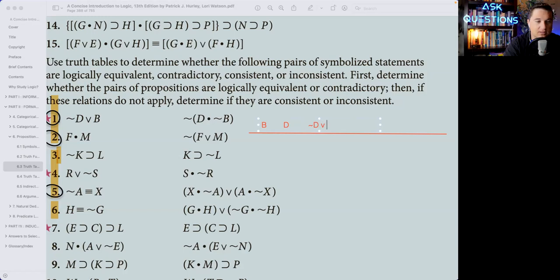So not D or B. Let's just get a little bit more room here for our table. And then over here, we're going to have not D and not B. Okay, great.